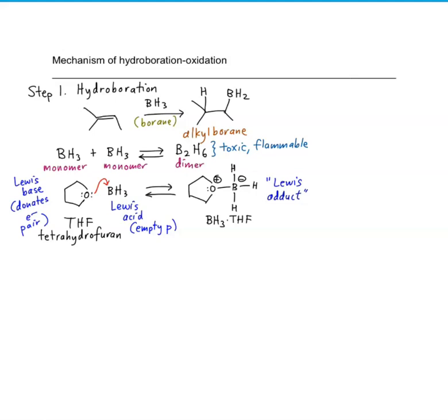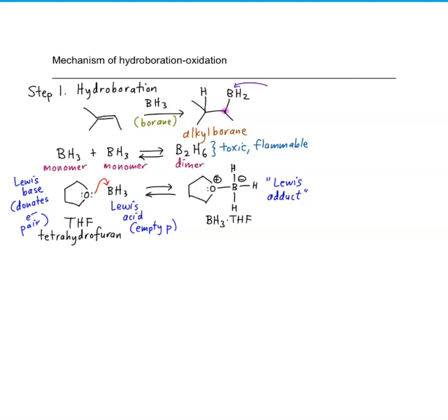The hydrogen then gets transferred to the more substituted alkene carbon. So there's a couple of reasons, but one of the main reasons why we get the result that we do with the boron group attached to the less substituted alkene carbon is because that's a less sterically hindered carbon.